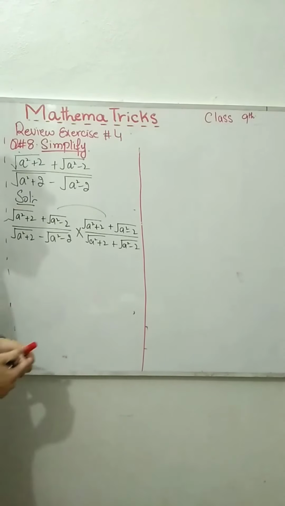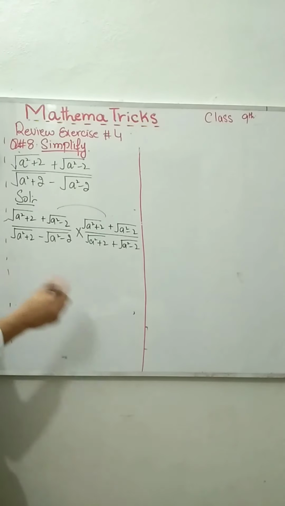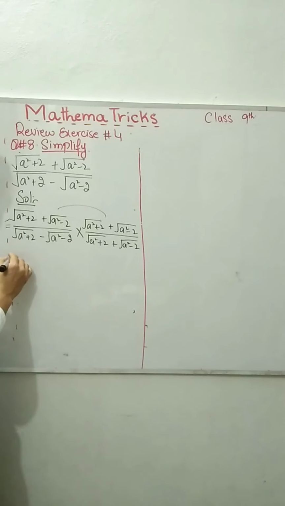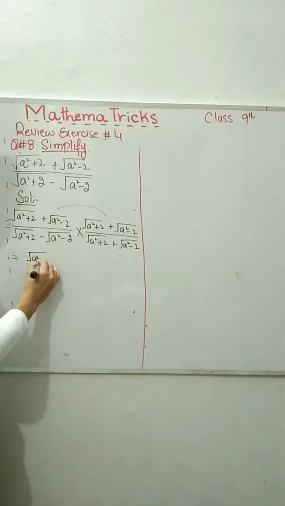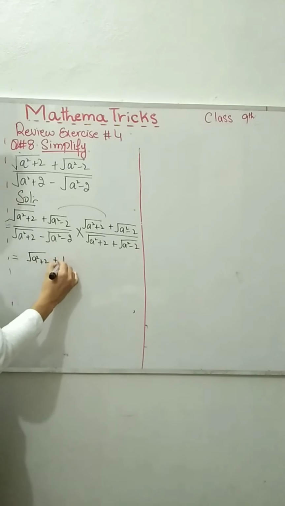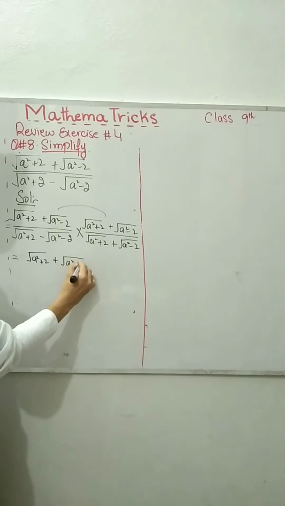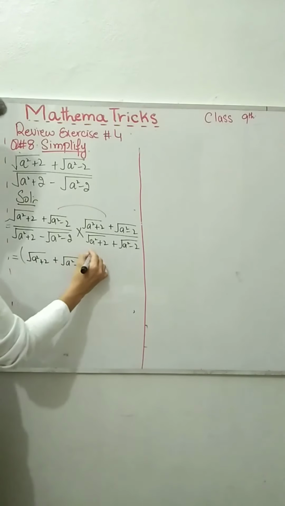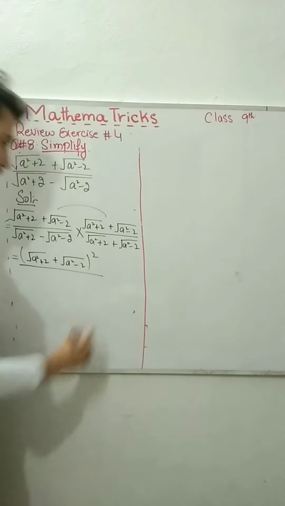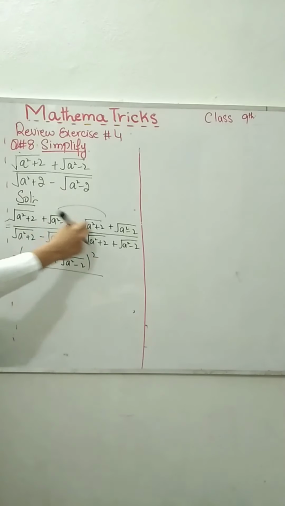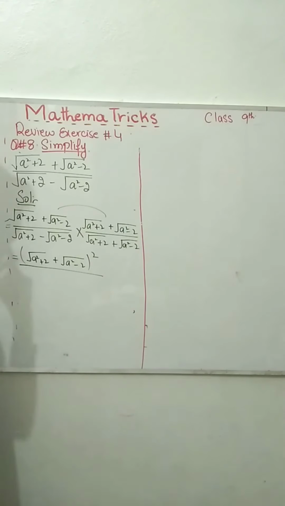What I got? A plus b whole square. So what I got here: square root of a square plus 2 plus square root of a square minus 2, whole square. Is it? Because a plus b into a plus b is a whole square, similar terms.